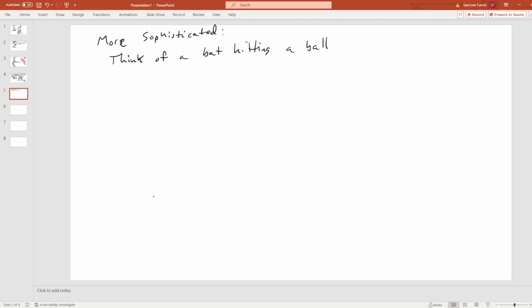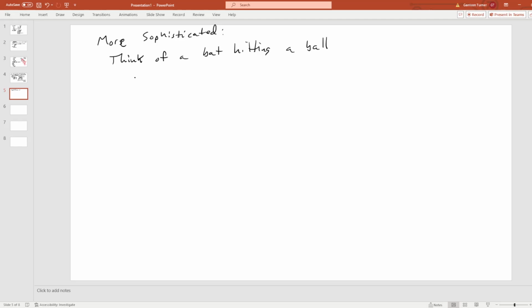And the ball in turn is compressed extremely highly. Okay, it's highly compressed, let's put it that way. And then, after the point of maximum compression, the ball will start to release from the bat, and then it'll leave the bat, and eventually the force goes back down to zero.